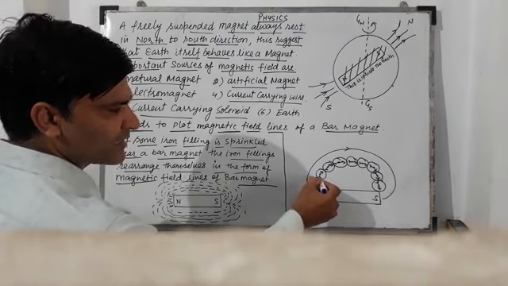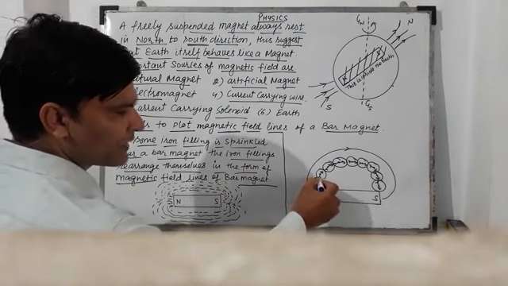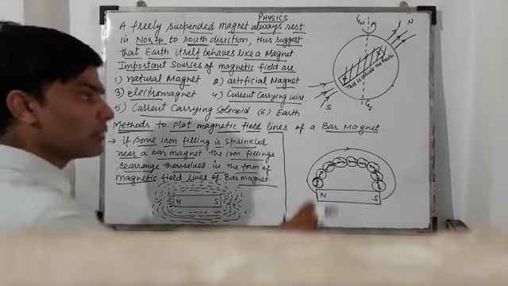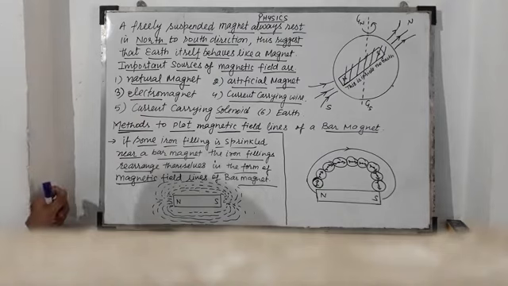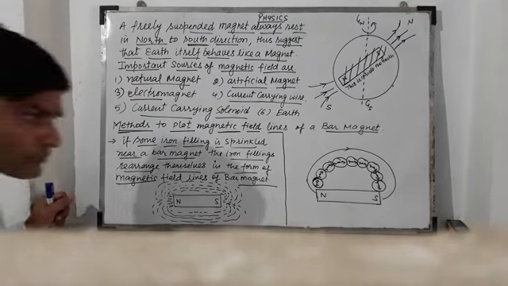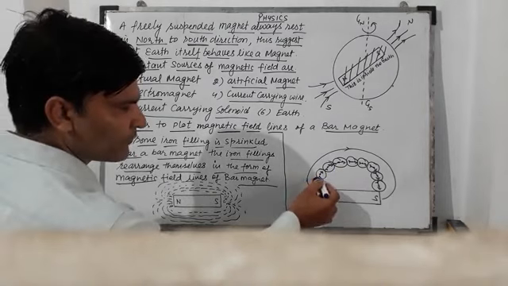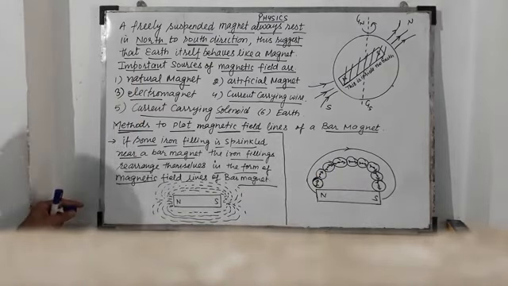As we put this compass, mark two points on north and south, and place the compass in such a way that the south coincides with one point.